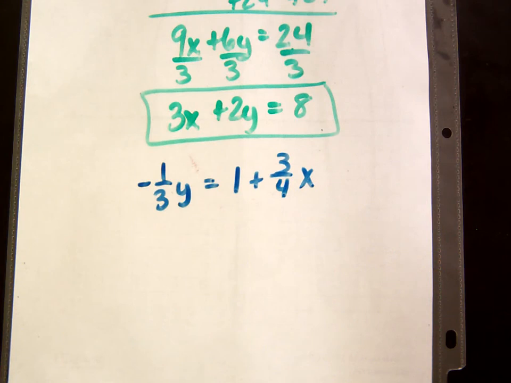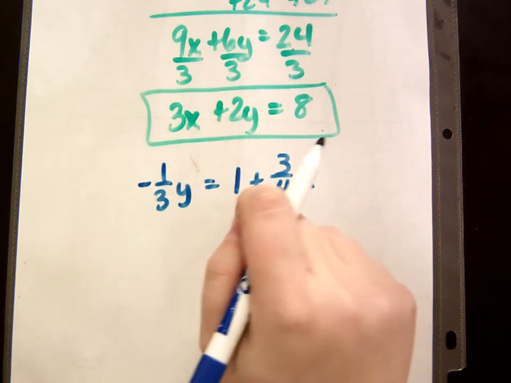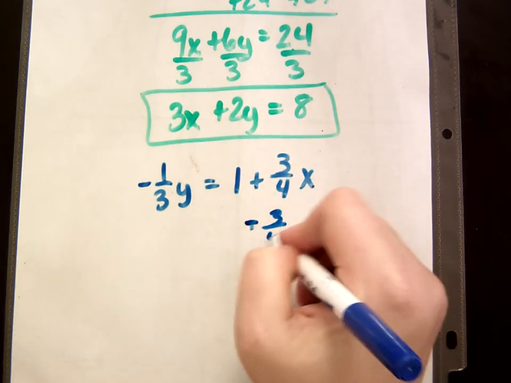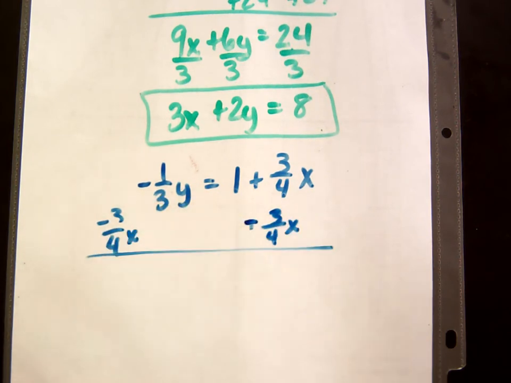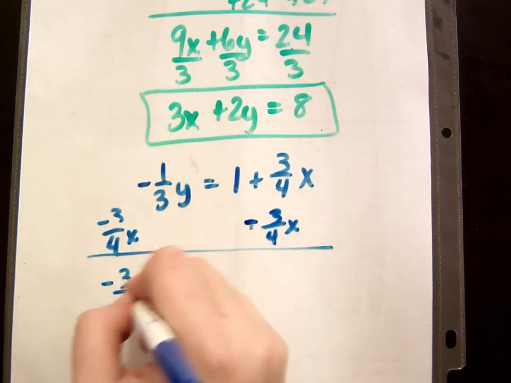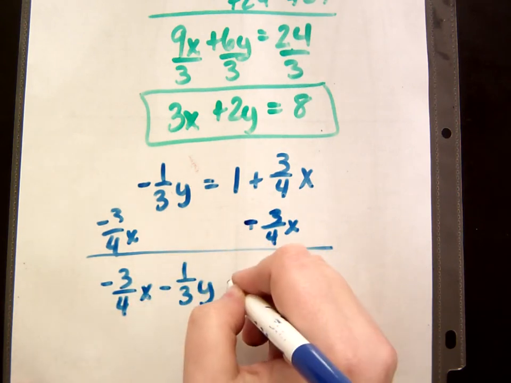Well, I want the x and the y to be on the same side. The very first thing I'm going to do is subtract 3/4 x from both sides. This gives me negative 3/4 x minus 1/3 y equals 1.